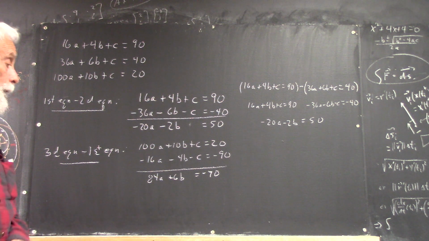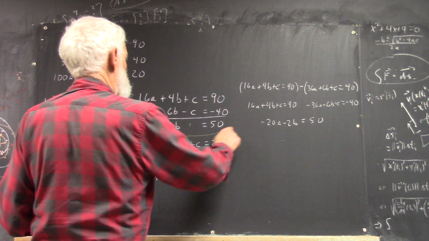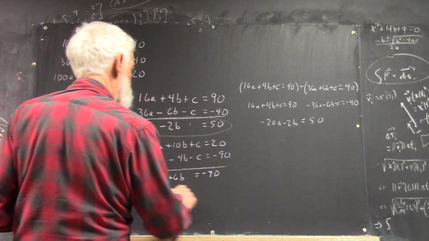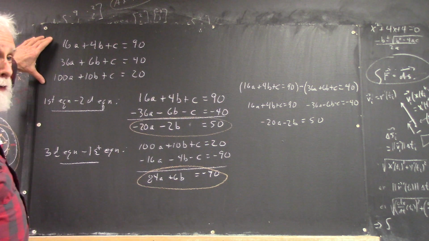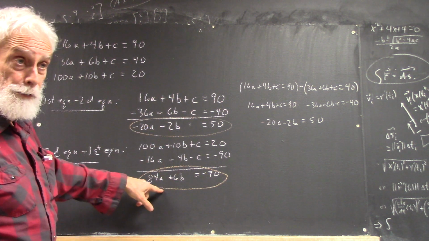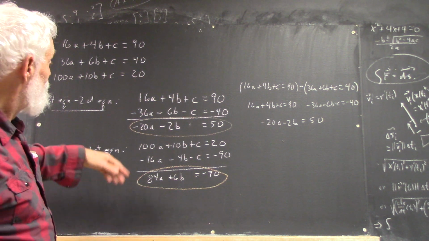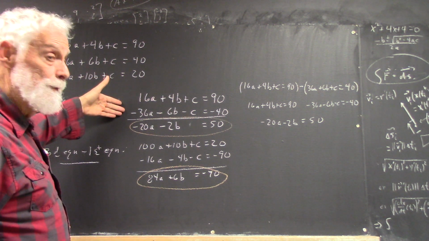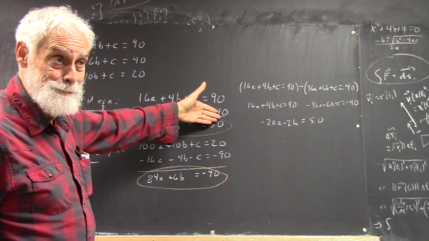Well, now what have you got? You've got this equation and this equation. And if these equations are true, then these equations have to be true, because you got them by adding two things on this side that are equal to the two things you add on this side.